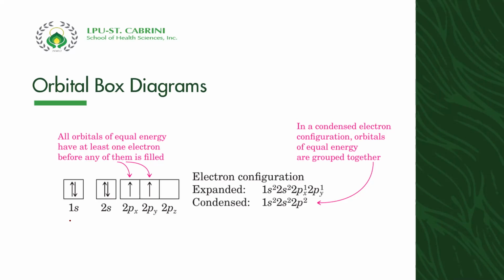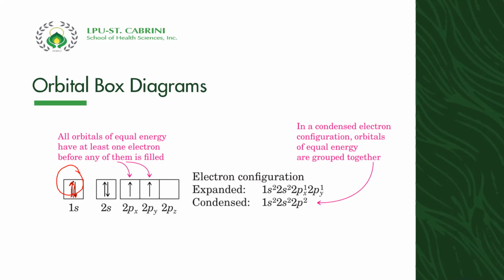Okay, so example, we have here 1s2. Why 2? We have here one arrow going up and one arrow going down. This is a representation of our electrons. All orbitals of the equal energy have at least one electron before they are filled. Okay?